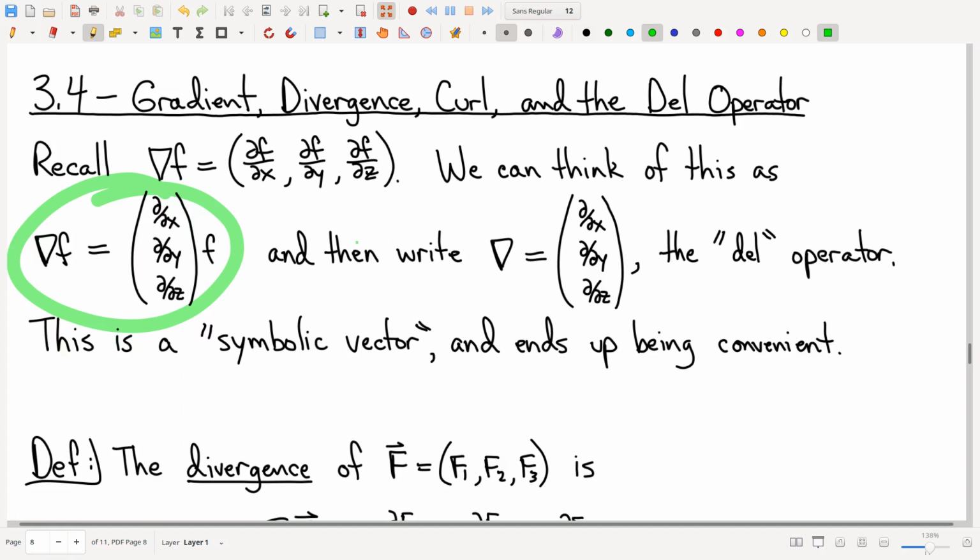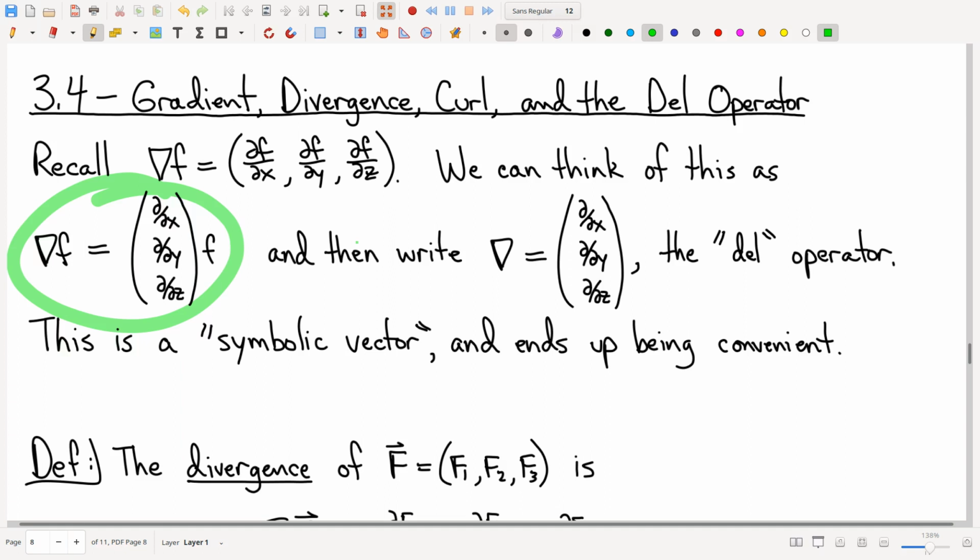But just this is not partial of f with respect to x. This thing here is just the act of taking a partial with respect to x, whatever that is. Right? But if you grant me that flexibility, you write this down and you write the f next to it, you probably would understand that what I meant was this. Right? Is that cool? Right.